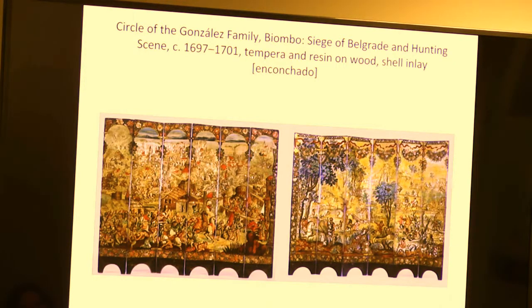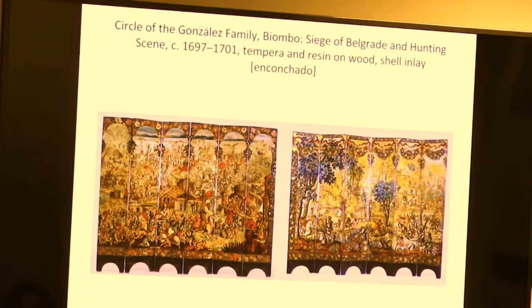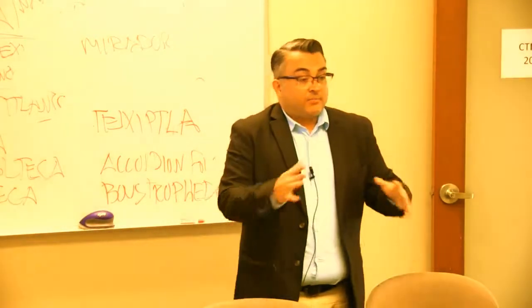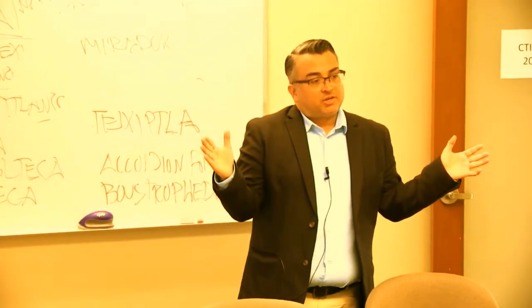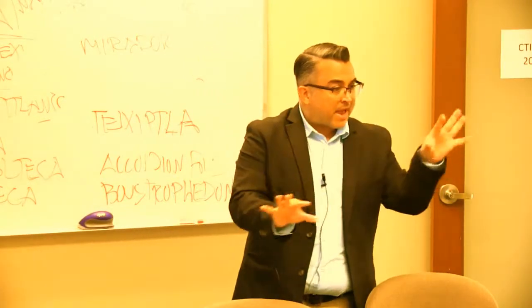And then what makes this different is that in addition to being partially painted, it also has that shell inlay. And the whole shell inlay thing is really interesting because I've seen some of these in Latin America, and they are stunning works. There's a big screen, I think it was in the Medici collection, that depicts the conquest, where there are hundreds of figures battling.